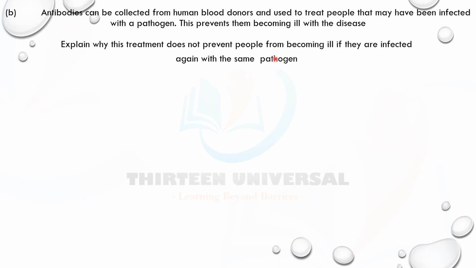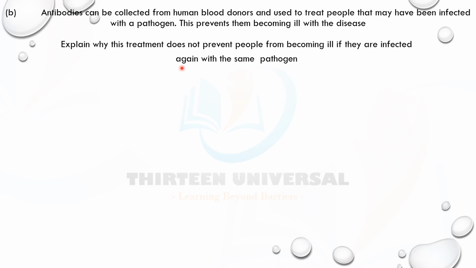So passive immunity, the antibody is not made by the person that is ill. So no memory cells are formed. The antibodies are not made by the immune system of the patient, because no immune response occurred. So no memory cells formed.